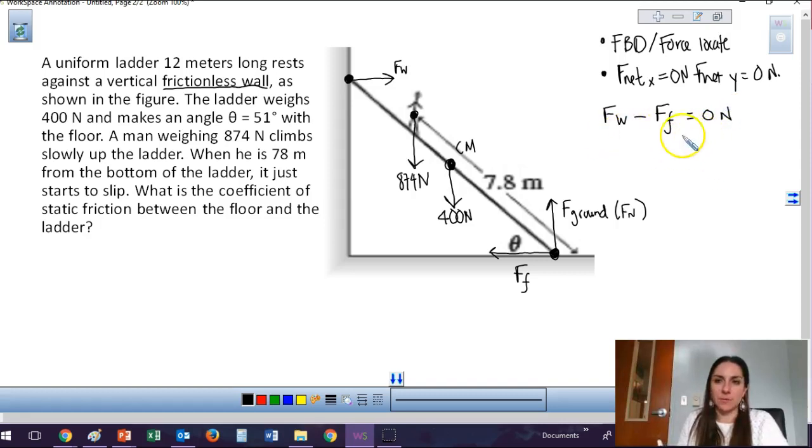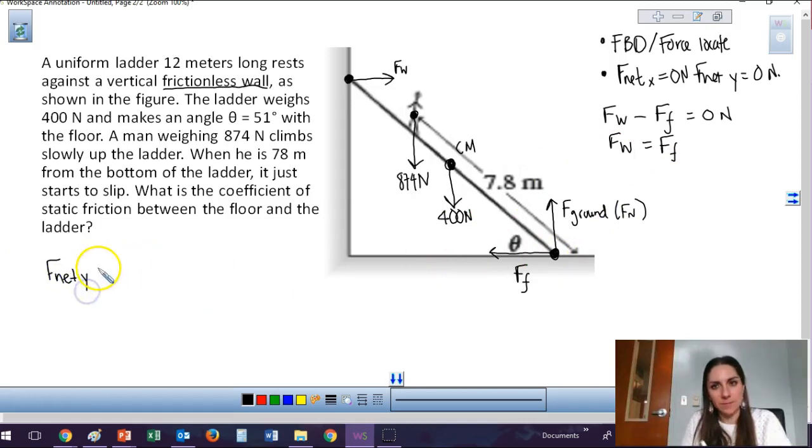Now, of course, I don't know either of these, but the good news is, if I know the value of friction, I know the value of the force on the wall. But of course, that's not what the question's asking. In fact, it's asking for the coefficient of friction at the bottom here. So let's go ahead and do this one.